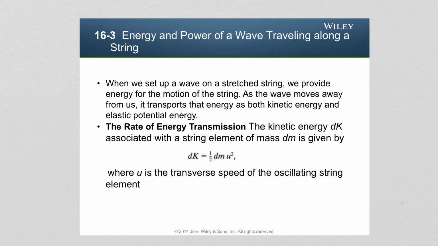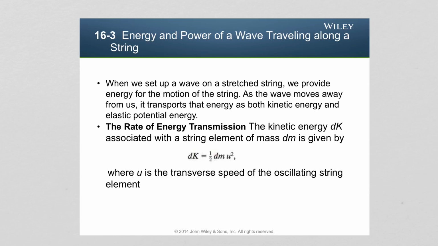And another analogy or example is electromagnetic waves. So electromagnetic waves can propagate in vacuum where there is no material to move around. But we know that the electromagnetic waves arriving from the sun are transferring energy, because when you are exposed to sun, you feel the warmth of it.